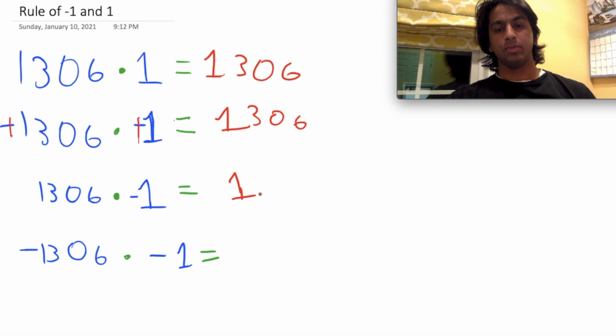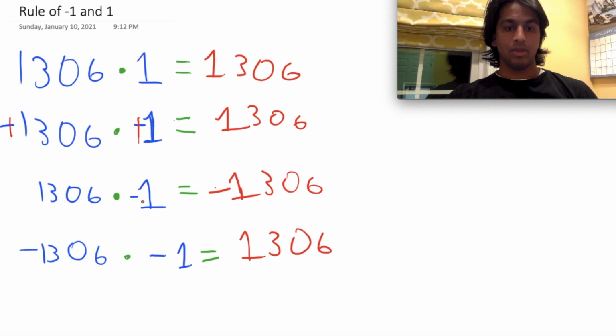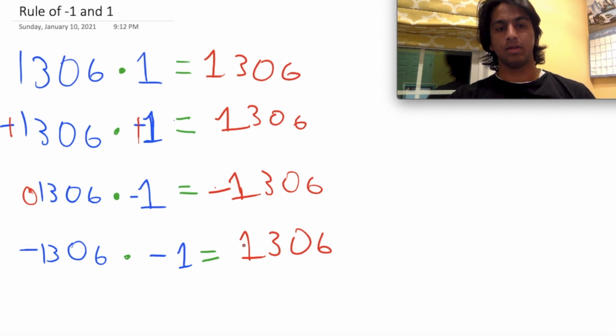So 1,306, only 1 negative, so our answer will be negative. And now here we have 2 negatives. Negative 1,306 times negative 1 will give you positive 1,306. So as you might see, if you multiply anything by negative 1, the number will stay the same. It's just going to have the opposite sign. So like here, positive became negative. This negative became positive. Just remember that, all right?